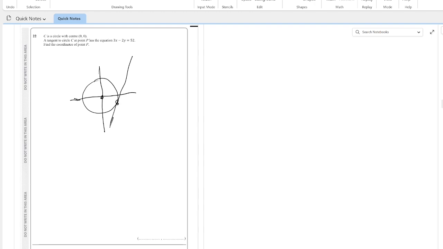So first, it's a good idea to write this in the form y equals mx plus c, because this gives us a gradient. 3x minus 2y equals 52. You can write this as 2y equals 3x minus 52, and y equals 3 over 2 x minus 26.